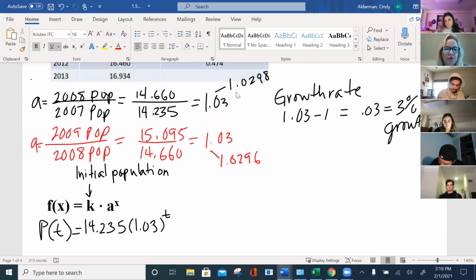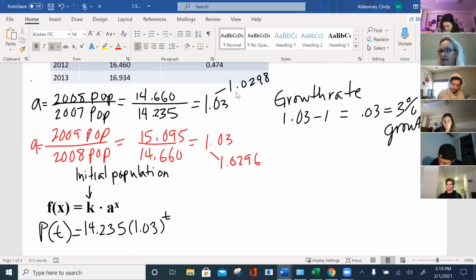So if I gave you a set of data like this, could you figure out the growth rate? Yes? You guys don't seem sure. Thumbs up. You could figure out the A value, right? If I gave you a set of data like this. Okay, good.